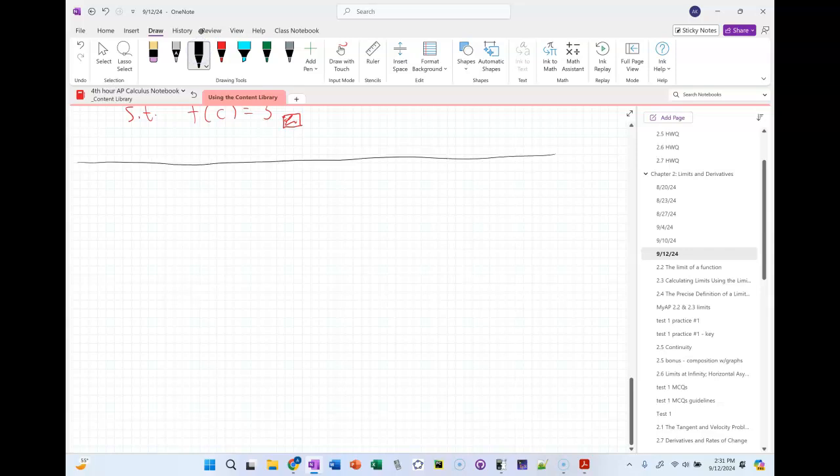So the limit as x approaches 2 of, all right, let's do 1 over x minus 1, minus 1 over x minus 2.